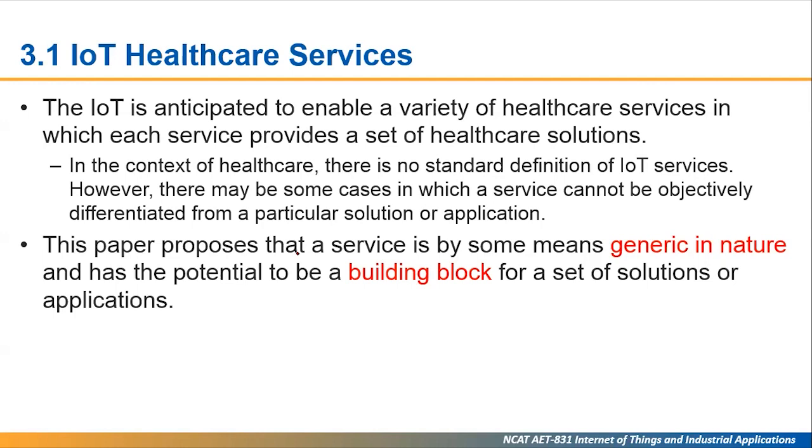It will also look into the map service and provide the most accurate delivery time, just in case there are some traffic accidents or congestion. So that's the relationship between services and applications. Basically, healthcare services are the building blocks that solutions and applications can make use of.